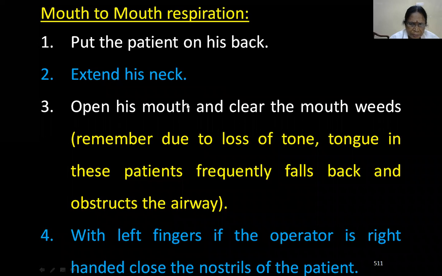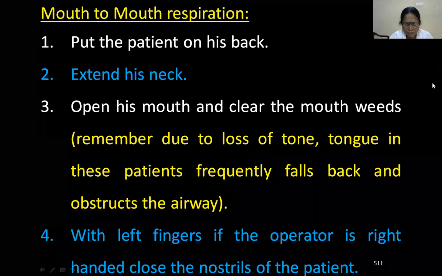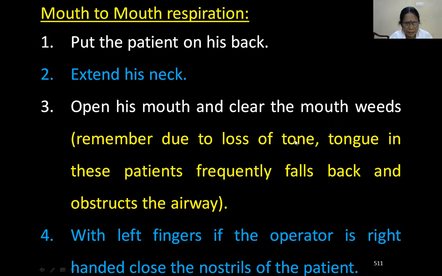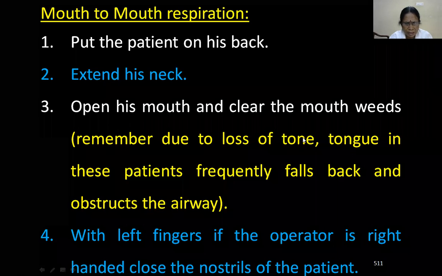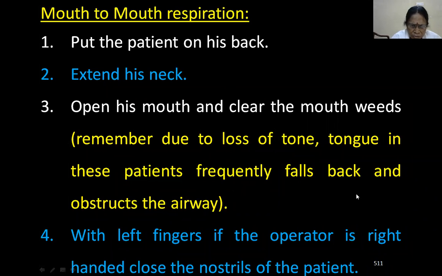And suppose there may be cases due to loss of tone, the tongue in these patients may be frequently falling back and obstructing the air. There may be a loss of tone and the patient may be unconscious and the tongue may be falling back. Therefore, all these things you have to remember and see that the air passages are clear so that you can apply the mouth-to-mouth respiration.